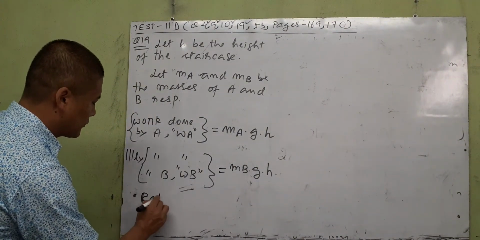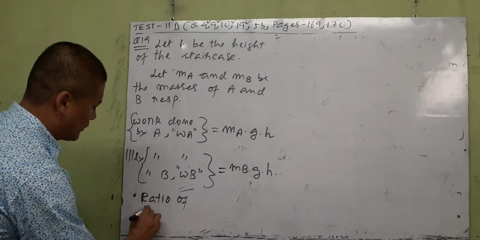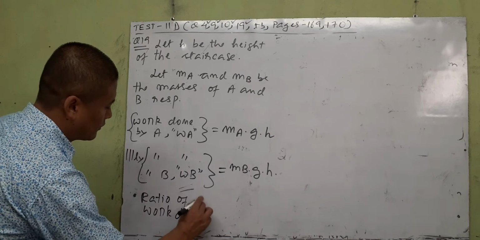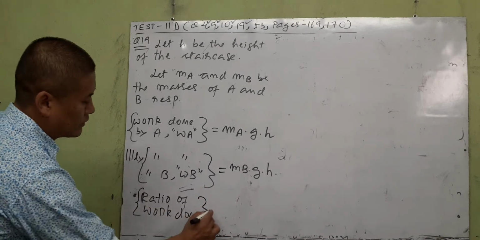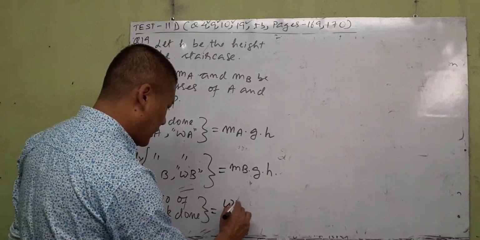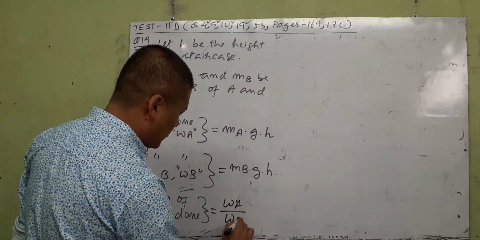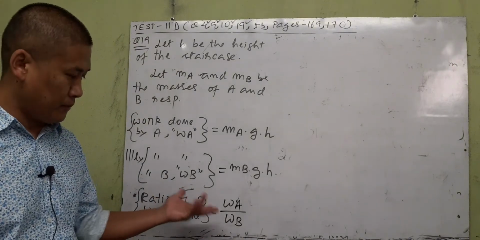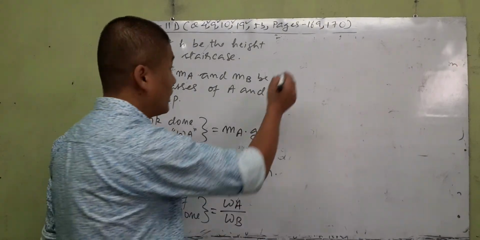Compare means ratio. So ratio of work done by these two persons. When you compare the work done by two different persons, that is called ratio. Ratio means division. So the work done by A divided by work done by B is called ratio. Simple as that.